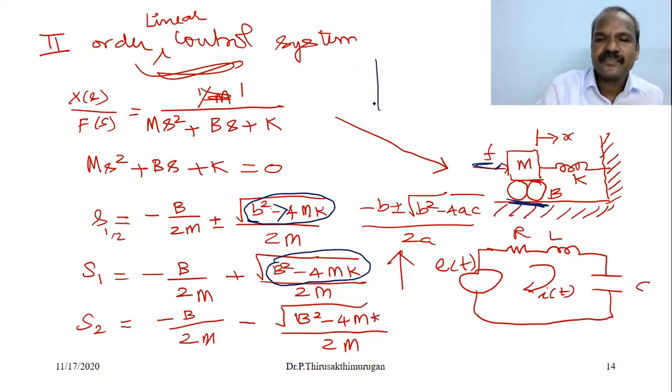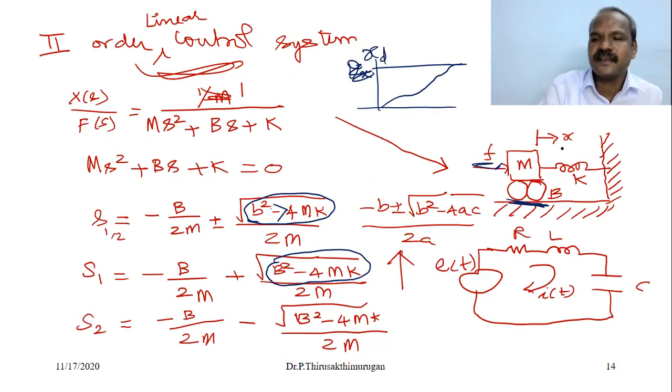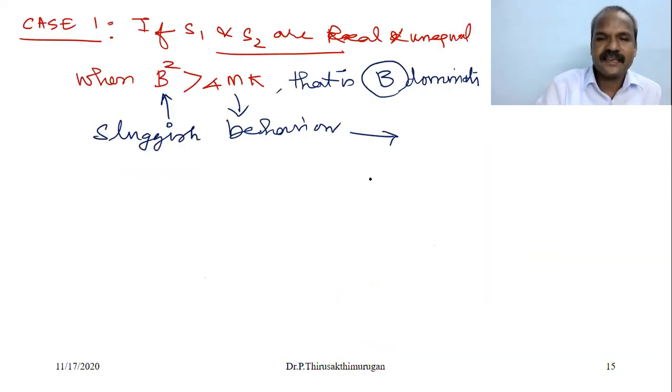The response reaches the desired position xd, where x is the displacement, the linear displacement, and xd is the desired. So it represents the sluggish behavior when friction dominates. This is called over damped. Please remember, over damped.